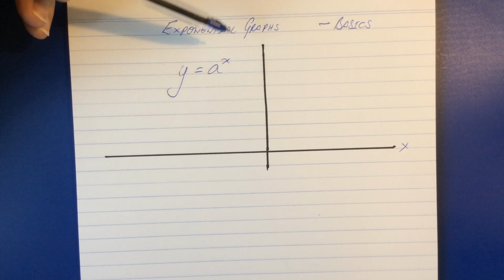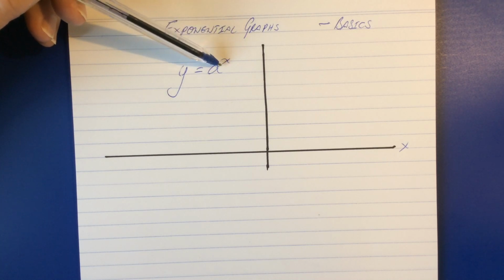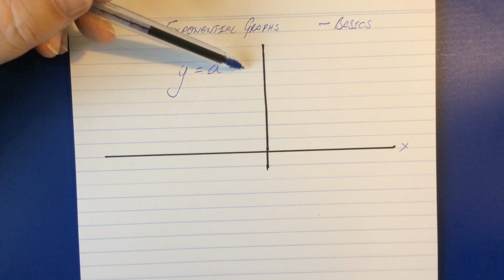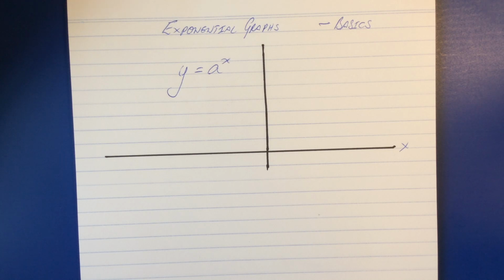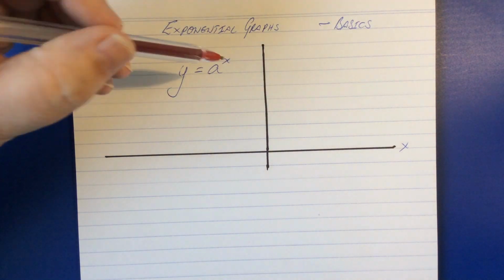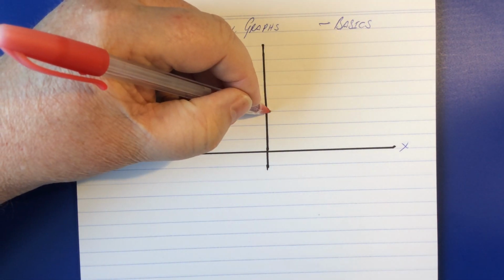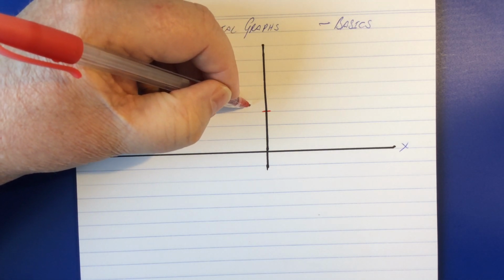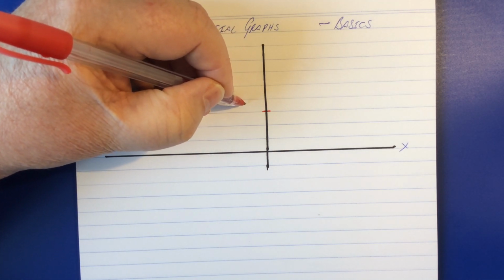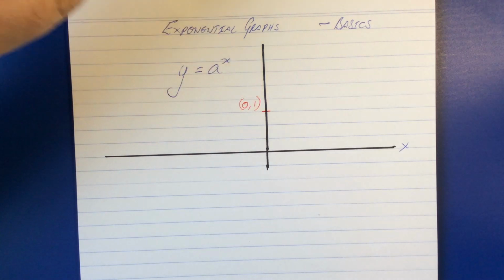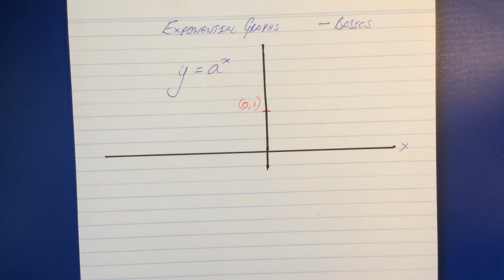And these graphs in this form, just y equals a to the x, no other frills or anything else, have a very particular form. So I'm just going to mark a point on here, and this point is (0, 1). I hope that shows up in the red ink.